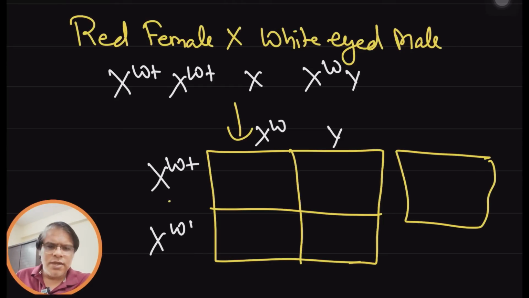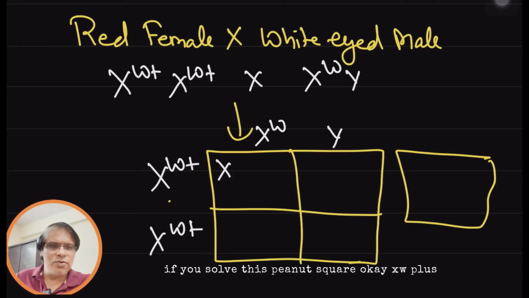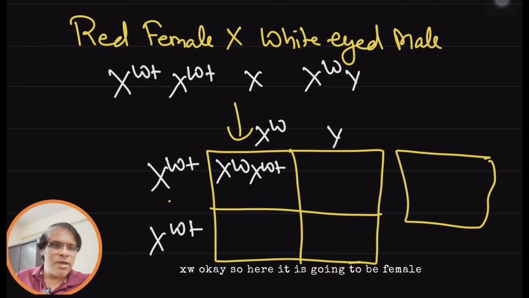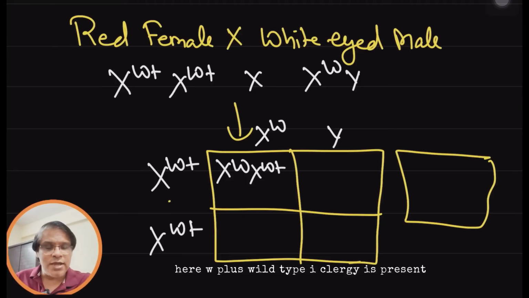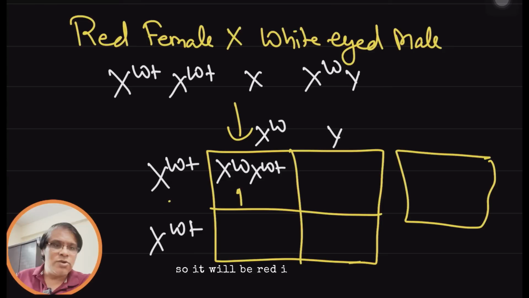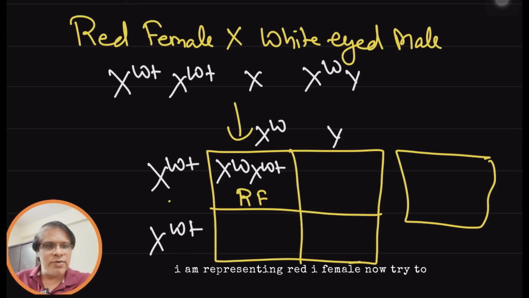Now if you solve this Punnett square, X^W+ X^W, here it is going to be a female, and since the W+ wild type eye color gene is present, it will be a red eye female. RF here I am representing red eye female.